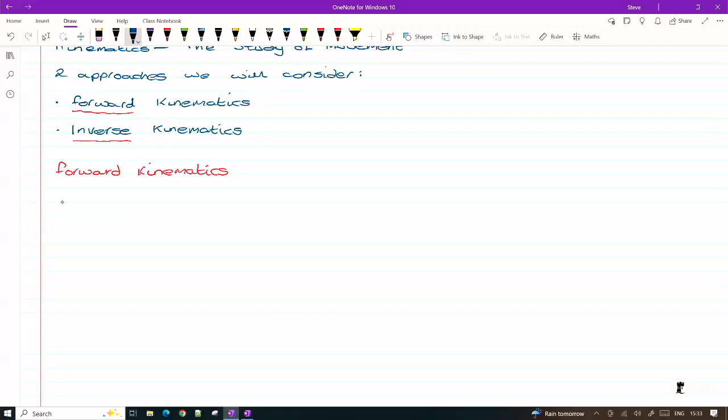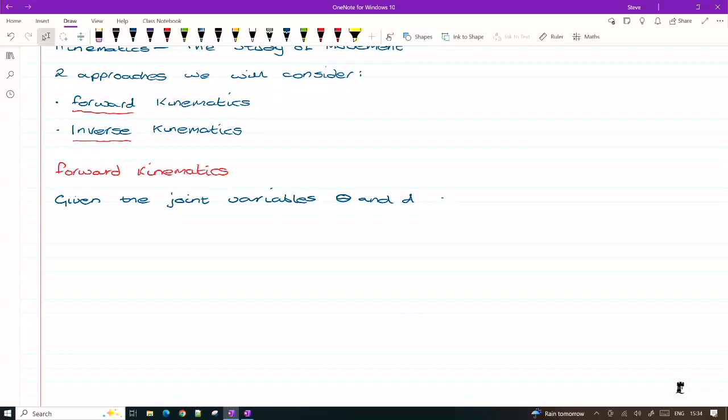So, right, forward, given the joint variables. Joint variables for us are theta and d, so we won't change those joint variables. If there's ever a theta, you know it's an angle of rotation. If it's a d, it's an amount of displacement.